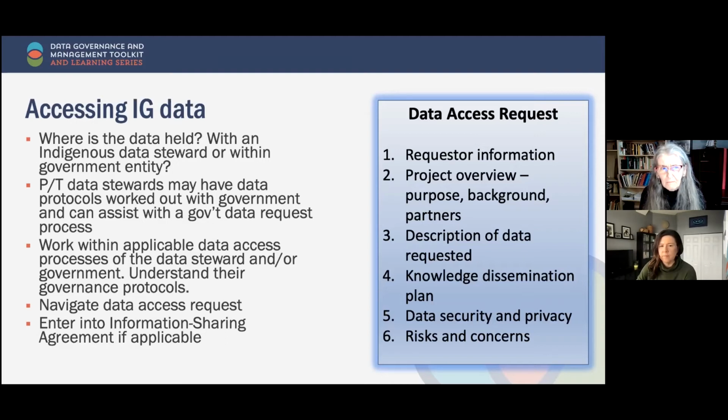But even if they haven't done that much, they will have established processes, so you can use these to your benefit, and go to the regional data steward and say, this is the type of information I want. How can you facilitate this?